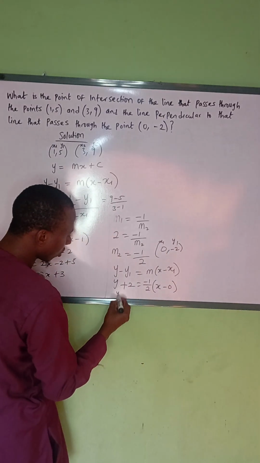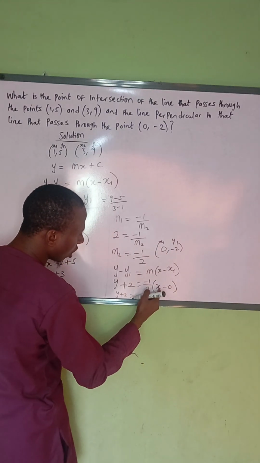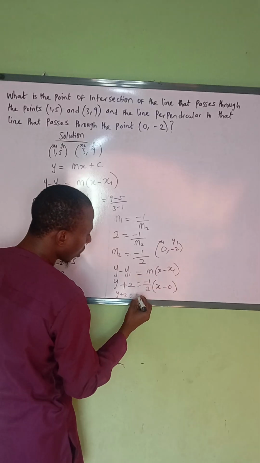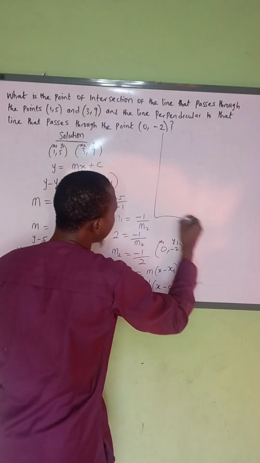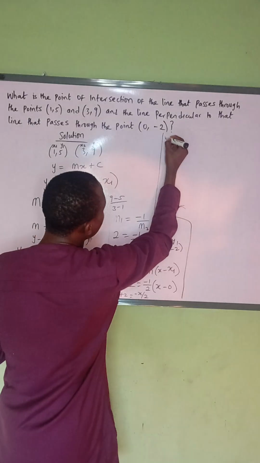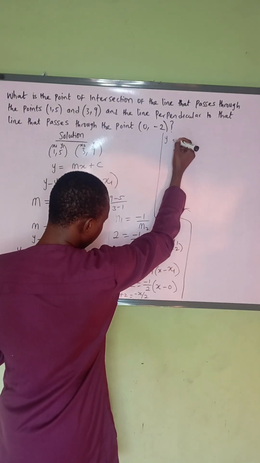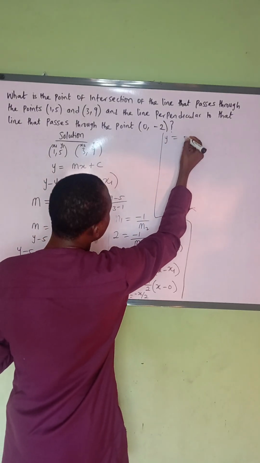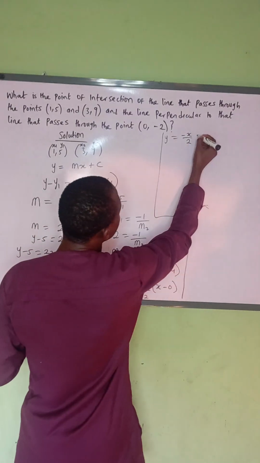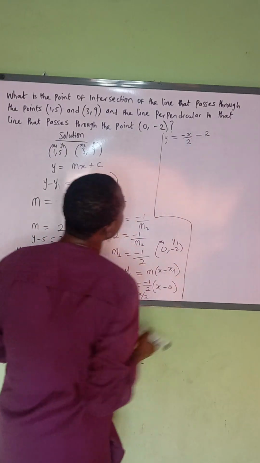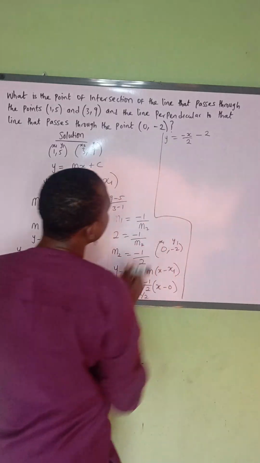So we can have y + 2 equal to x minus 0 times this, we have it as -x over 2. Now y will be equal to -x over 2. Let's move this +2 here, it becomes -2 also. Now we have the second equation of the line.